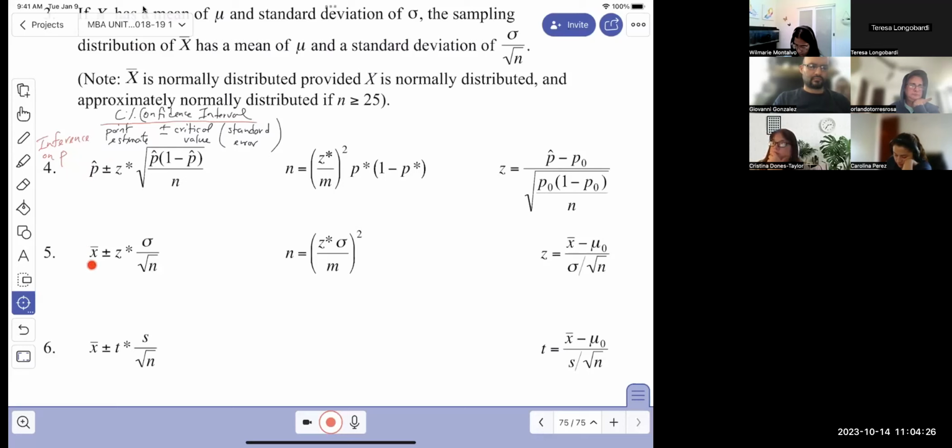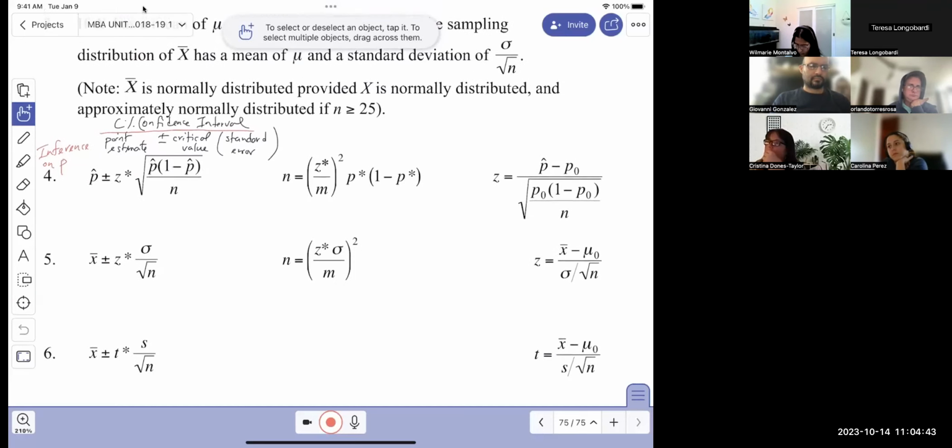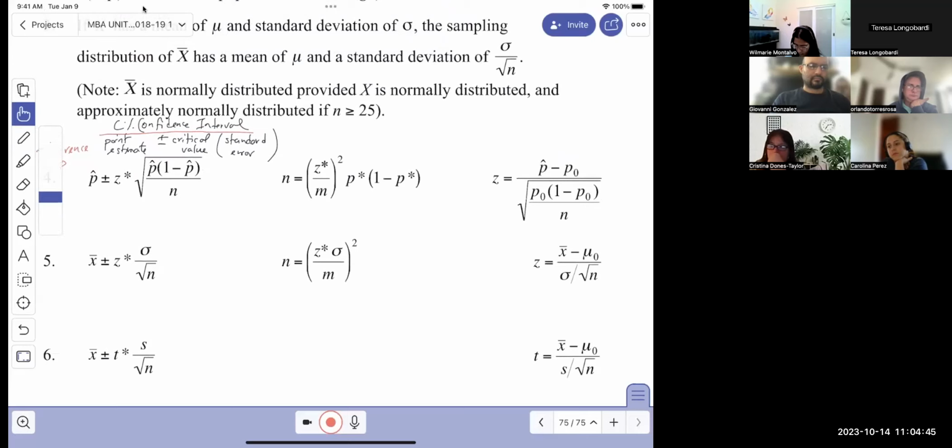So here in repeated samples, what is the mean of X bars? What did we learn up here in the third statement, and what we just did examples of? The mean of the X bars is the true mean. So that means X bar is an unbiased estimator of the true mean.